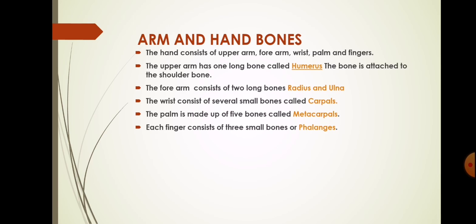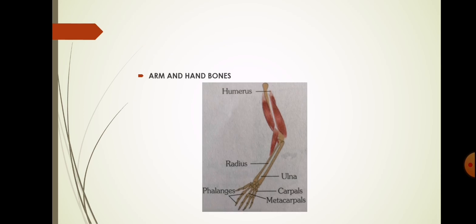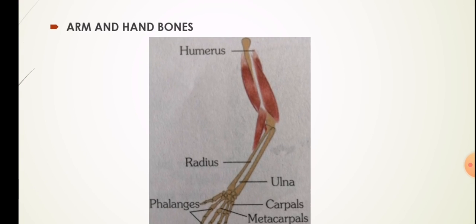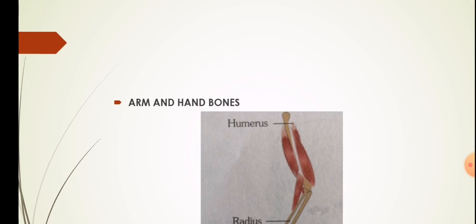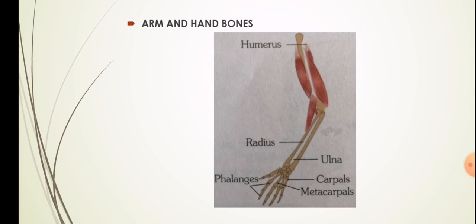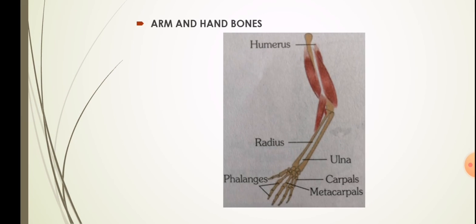The upper arm has one long bone, see here, that is called the humerus. And that bone, the humerus, is attached to the shoulder bone.